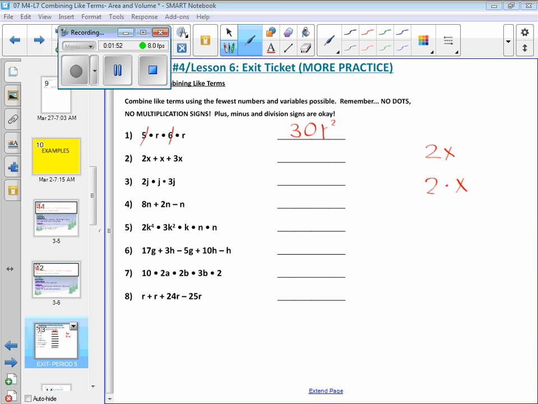Let me go back. This was the first half of lesson 6, or the second half of lesson 6. X plus x. Make believe x is 5. 5 plus 5 is, isn't that the same as 2 times x, 2 times 5? Right? What multiplication is, it's repeated addition.